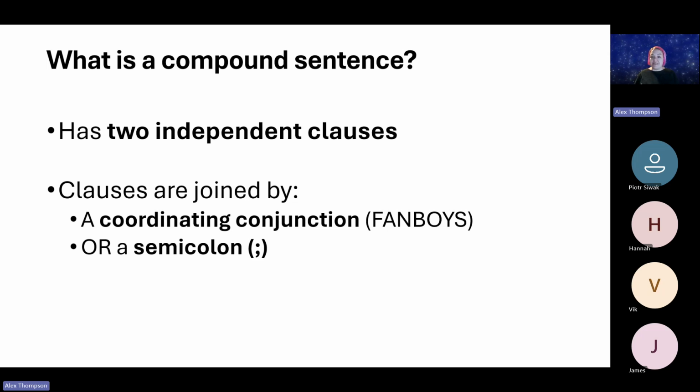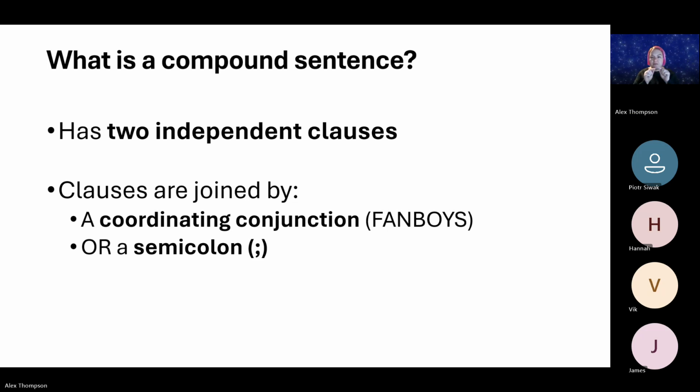So it's 2 ideas that are 2 simple sentences. A person did a thing, and then another simple sentence, a person did a thing, but we're joining them together. So we're either going to use a word to join them together, which is called a conjunction, or we're going to use a semicolon. Either of those are acceptable.